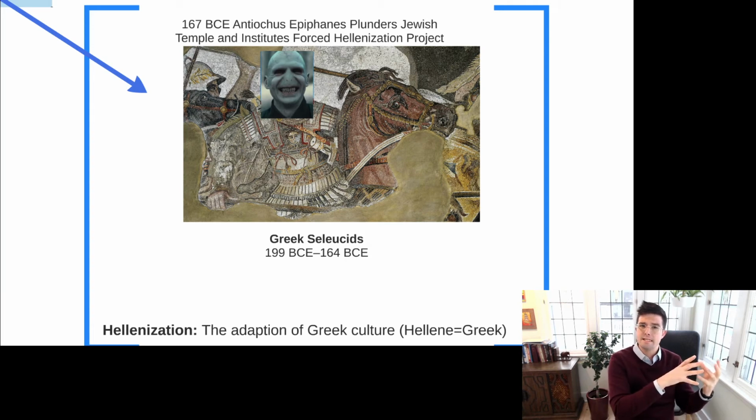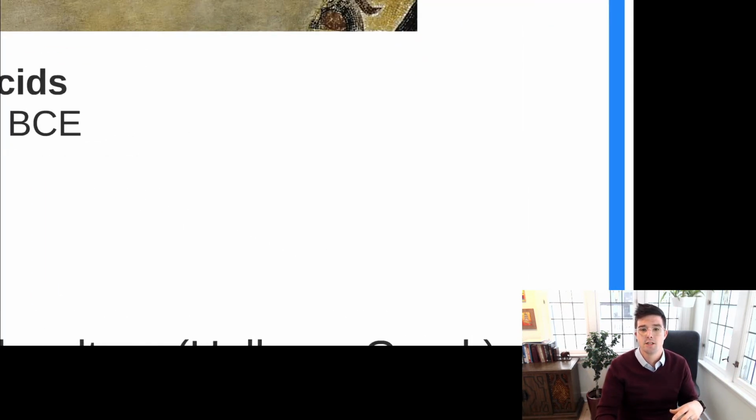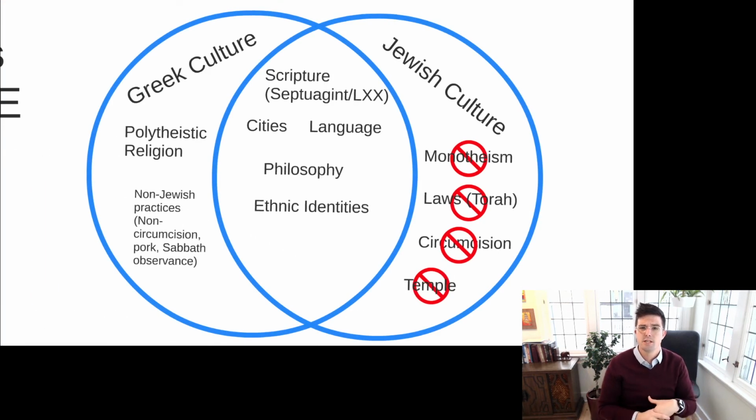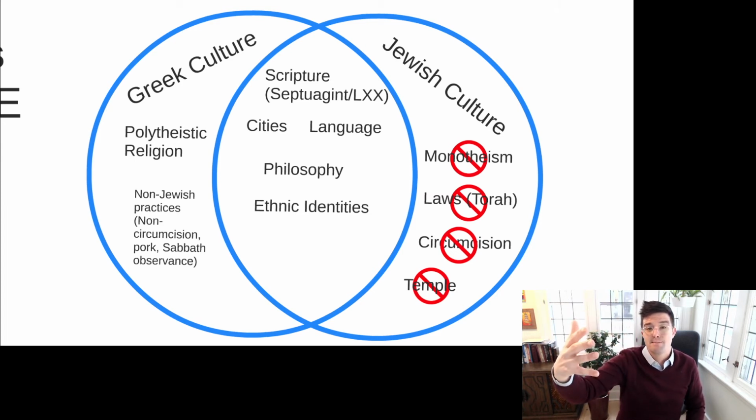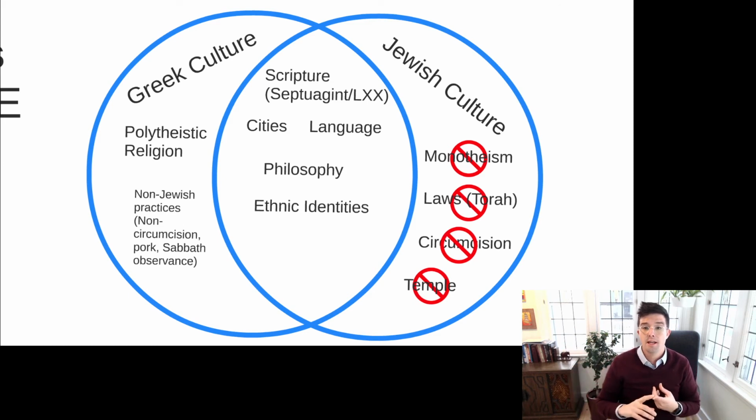So in 167, Antiochus goes into the Jerusalem temple, plunders it, and institutes this forced Hellenization process. And in this forced Hellenization process, rather than sort of hoping that Greek culture and Jewish culture are going to exist side by side, the forced Hellenization project is going to try and stamp out those unique aspects of Jewish culture, namely those things like monotheism, the Torah, circumcision, and the temple.